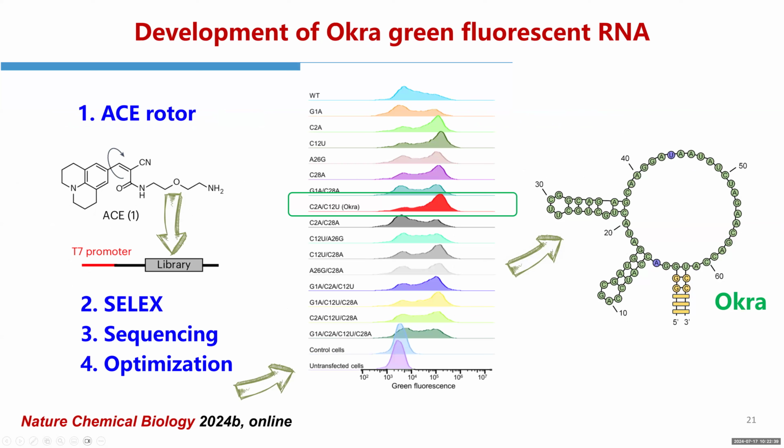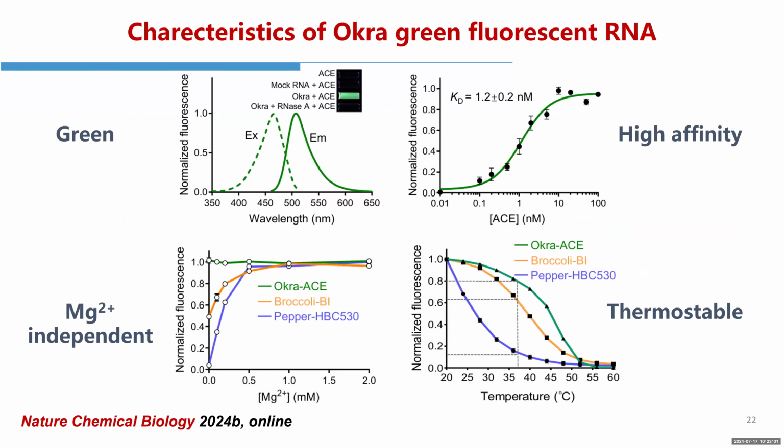So we now report, just last month, a new green fluorescent RNA called Okra, which was selected with a small molecular fluorophore, ACE. This is one of the smallest fluorophores. Okra showed bright green fluorescence with emission at around 505.